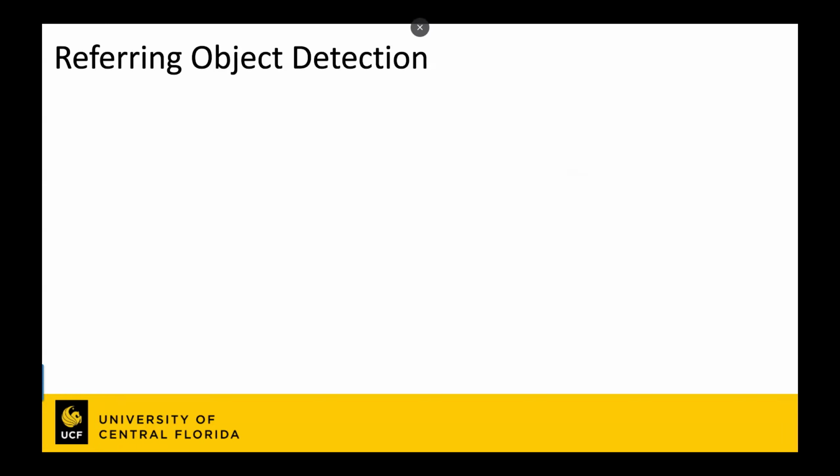Next, we move to referring object detection sets, where we are using the REC task, which allows us to compare the model in a natural language setting where we want to find fine-grained features of the objects.